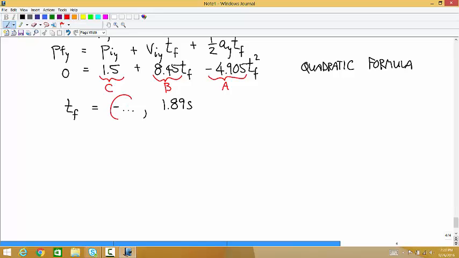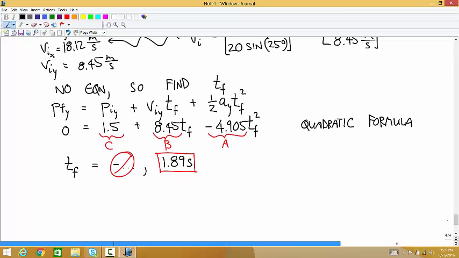We know time can't be negative, so it's 1.89 seconds until it hits the ground. I'm almost done with this. I know I'm running over a little. So now we can take 1.89 seconds and put that in the known column.